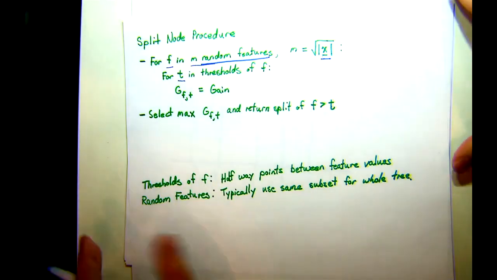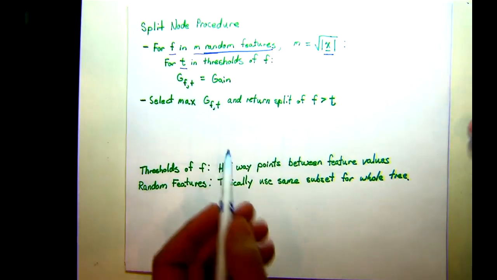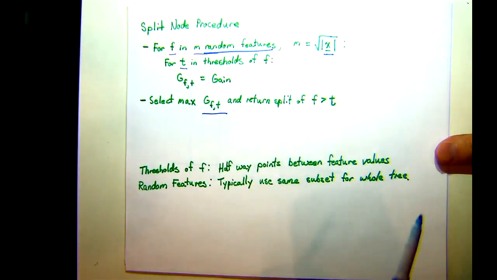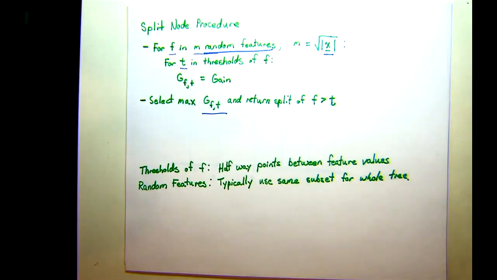But if any of those splits are non-zero, we're basically going to take the one that has the maximum gain, and that's going to be the new split we're going to do. So we'll then apply that feature and threshold, split the data, and then recursively split those leaves if necessary, depending on what our stopping criteria is.